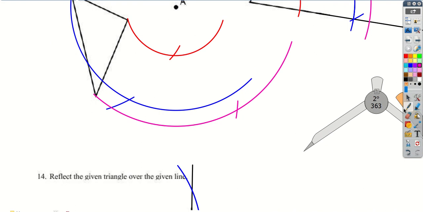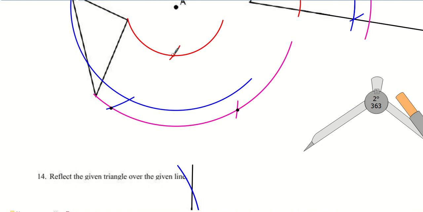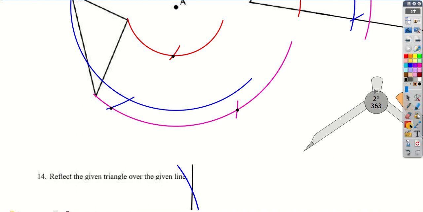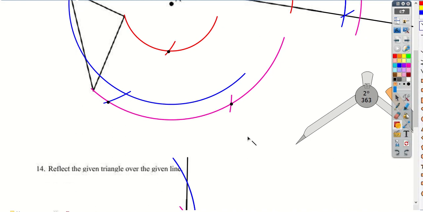And there we go. There's our three points. So we got right here, there, and then we're just going to connect it with lines. And there's our transformation.